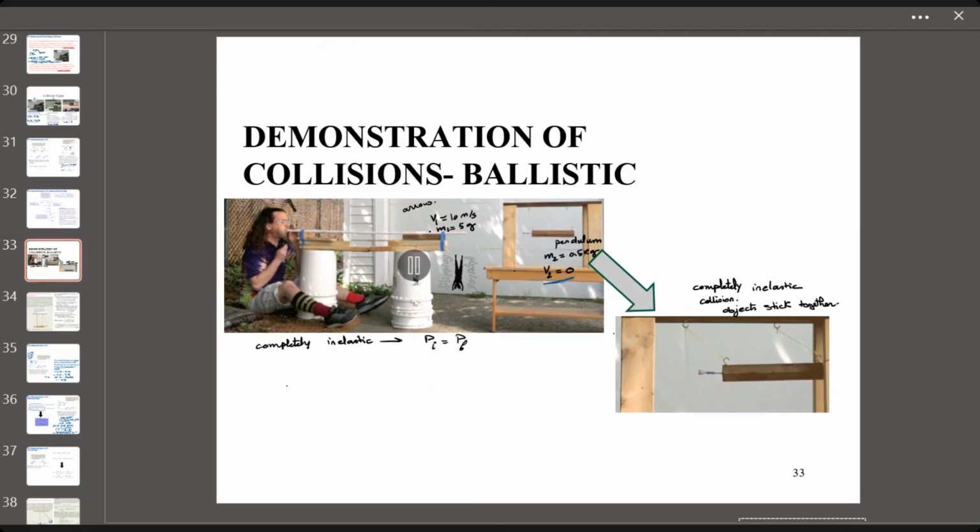The arrow has some larger initial speed, and after the collision, the two objects stick together. So this is a completely inelastic collision. I can use m1 v1 plus 0 equals (m1 plus m2) v, and I can solve for the speed after the collision. Very easy.